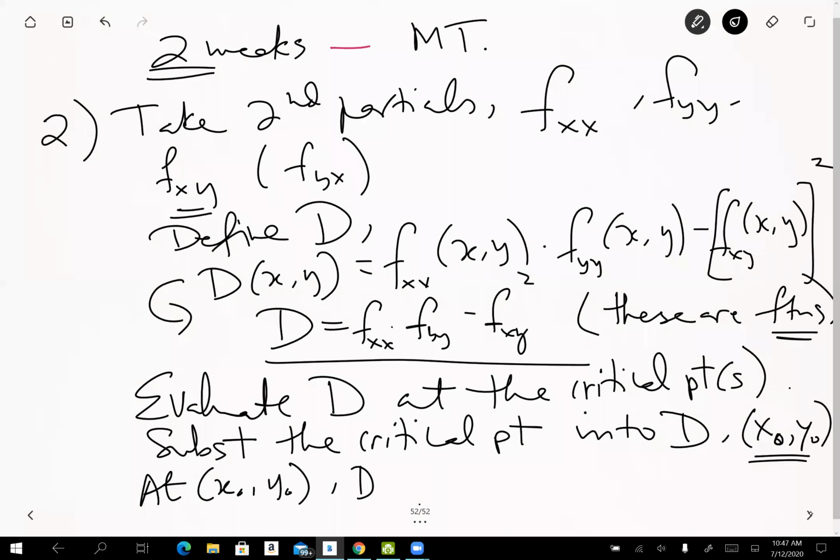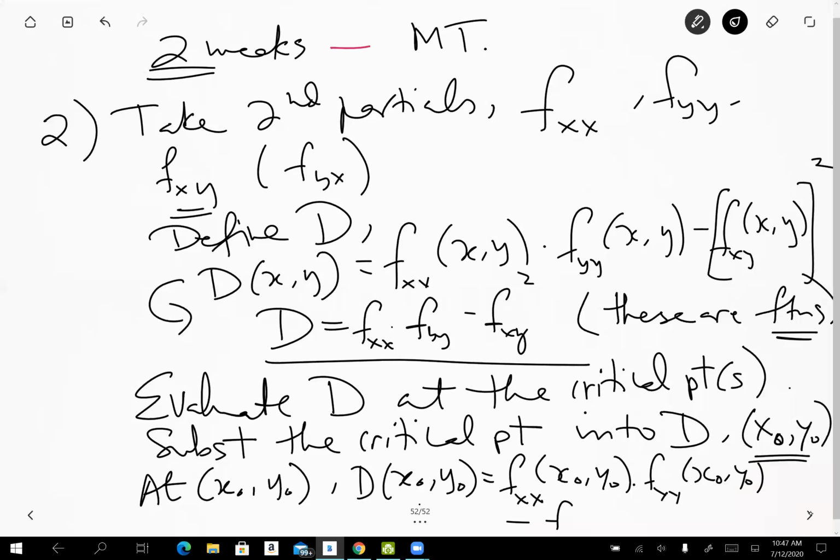So that D, I write now in full again, okay? D(x0, y0) equal to, because we need to see how we substitute, fxx(x0, y0) multiplied by fyy(x0, y0) minus fxy, substitute the value x0, y0, squared.